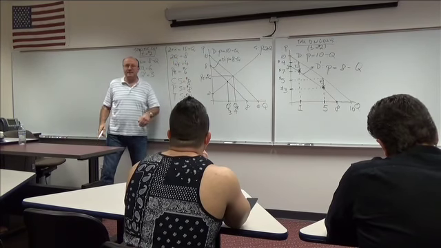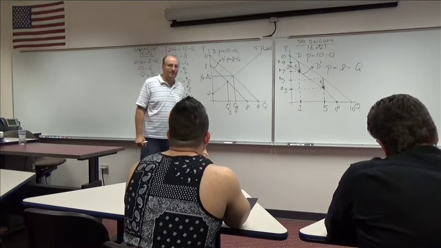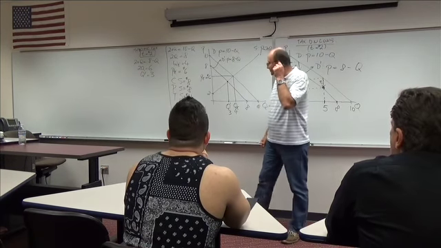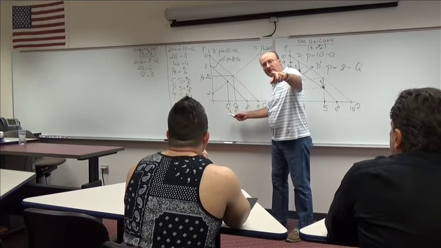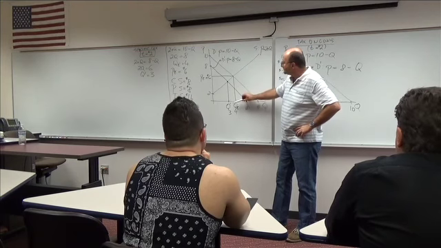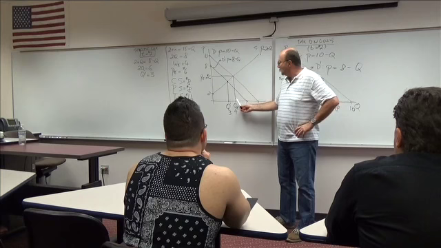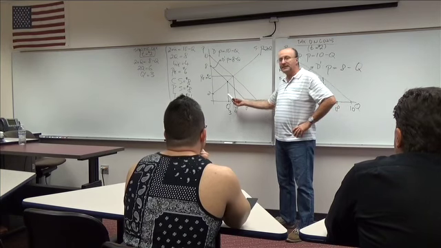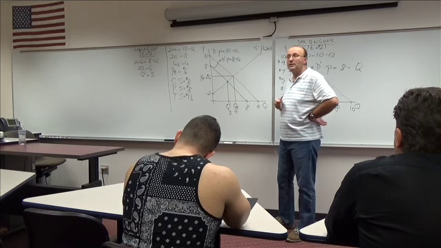So let's pause and think about it. Can you see these numbers? Very good. First of all, what is the impact of the tax on quantity in the market, on the market output? It reduces, right?